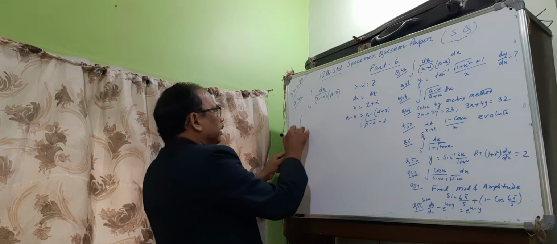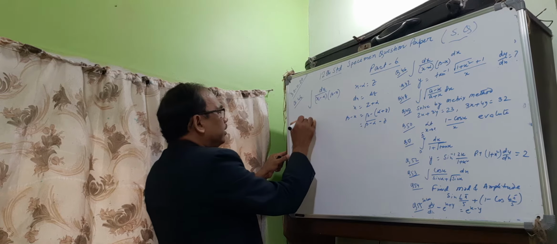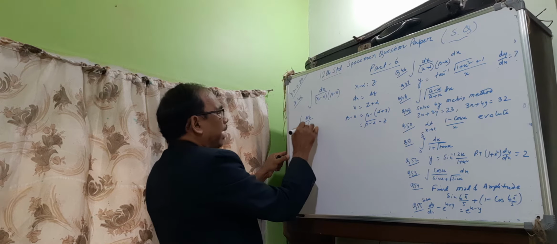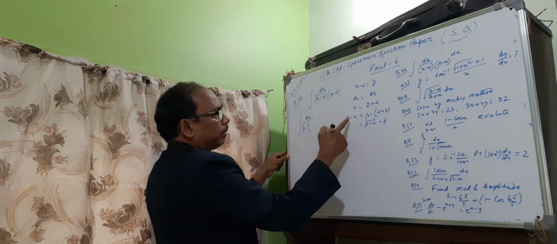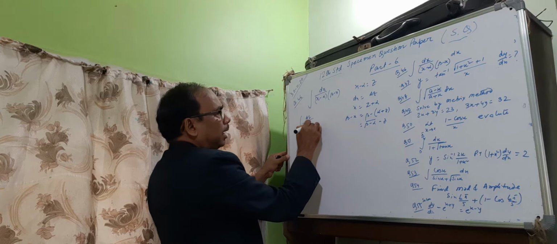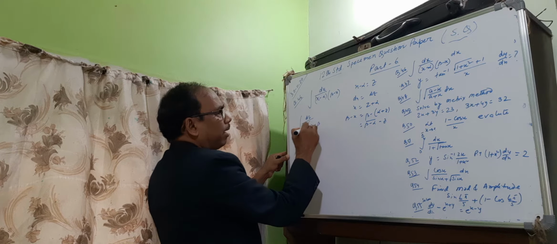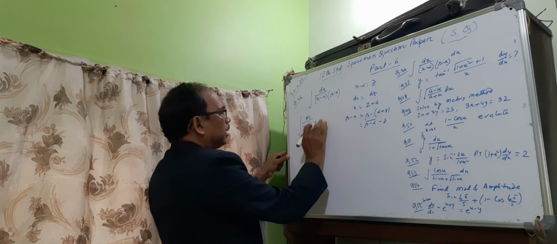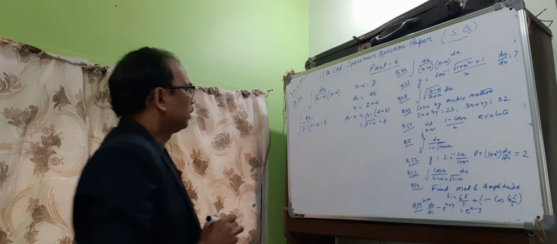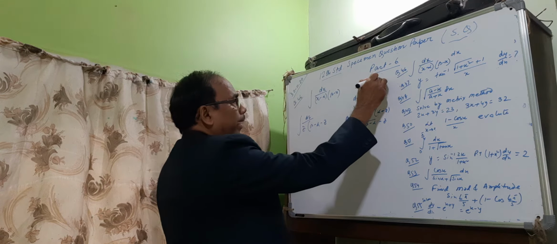Now put it here, dx value is dz, x minus alpha is z, and beta minus x is beta minus alpha minus z. Let this be z square.